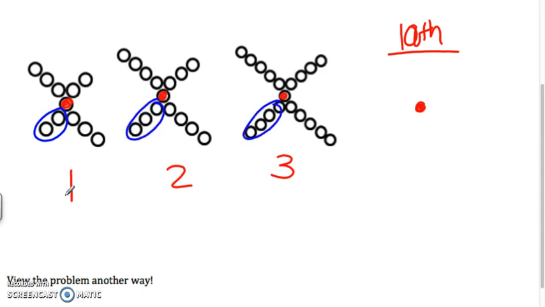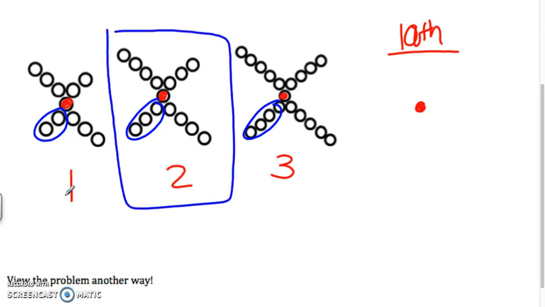So I'm just going to look at this figure right now, and ignore the other 2 figures. I know that there are 3 of those in the second figure. So there are 3 in the second one, and then there are 4 in the third one. What I notice between these 2 numbers is there is one more circle than where I'm at. So if I'm in figure 3, there was one more, so 4.